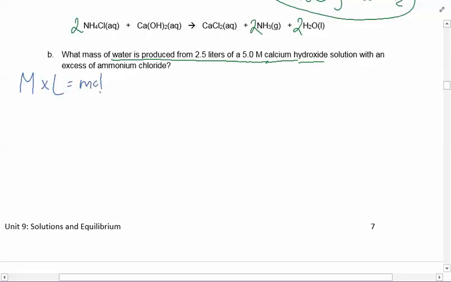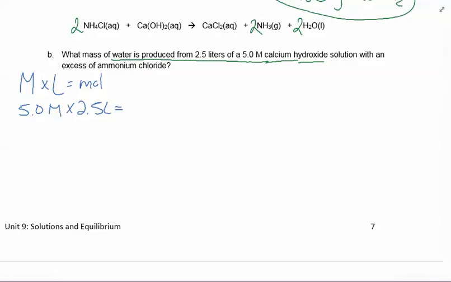Calculate moles. Now, you could have a limiting reactant problem with two solutions. It would be the exact same process as the limiting reactant problem, but we don't have that in our example today. So we have 5.0 molar solution times 2.5 liters, which will give us however many moles of calcium hydroxide.